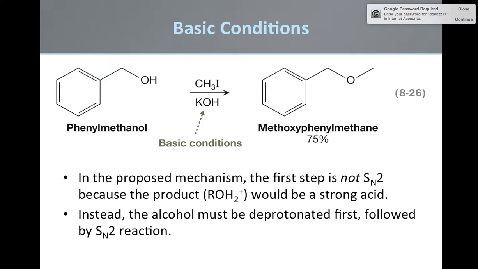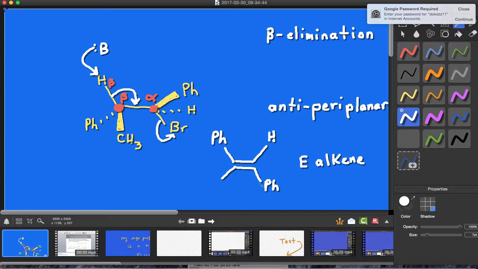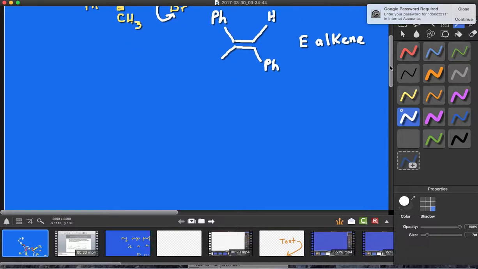So this, if you want to classify it as a reaction, is a Williamson ether synthesis. And I feel compelled to tell you that ether, you get that or you don't. That is funny, y'all. Don't try to hold it in.